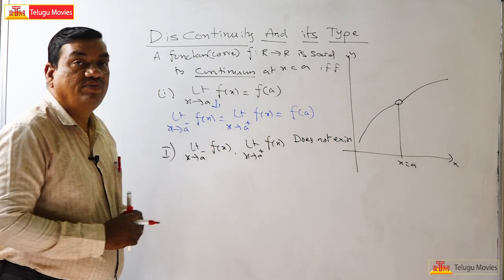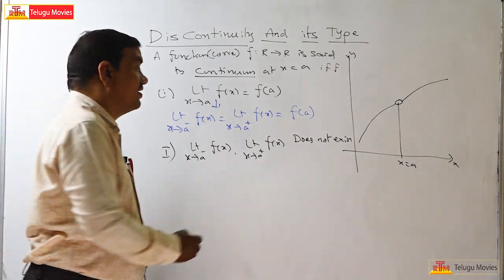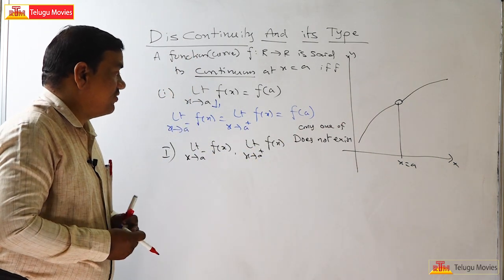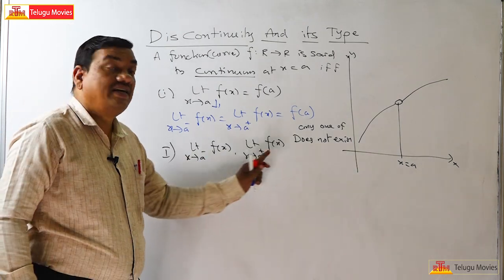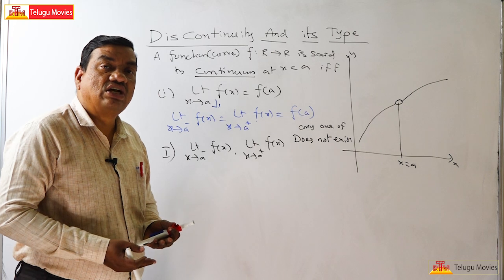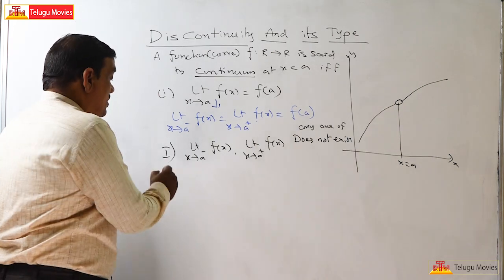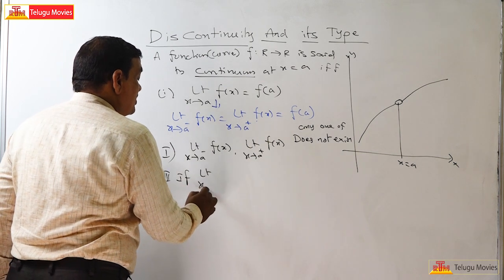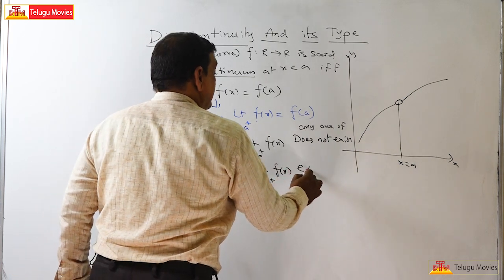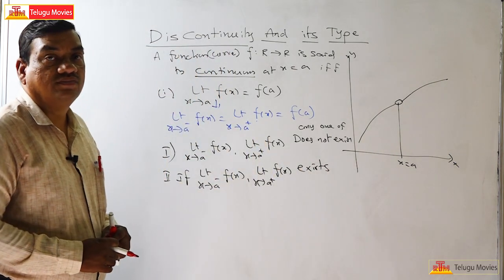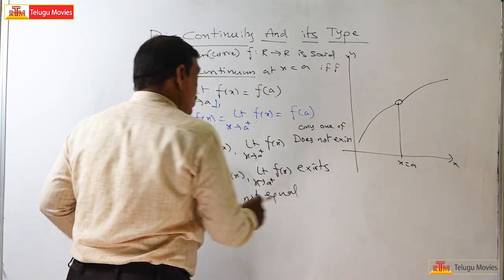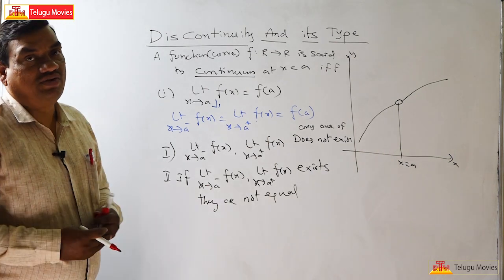Any one of them, no need for both. That means if either the left hand side limit or the right hand side limit does not exist, then the limit x tends to a f of x does not exist, therefore it is not continuous. The second case is if limit x tends to a minus f of x and limit x tends to a plus f of x both exist but they are not equal.